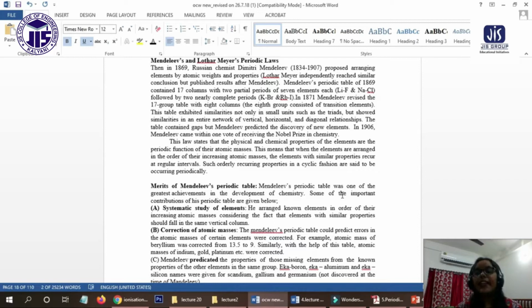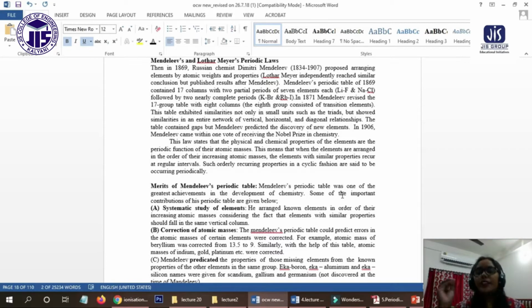We can easily find out the properties of those elements, because each and every element has some similarities and dissimilarities.